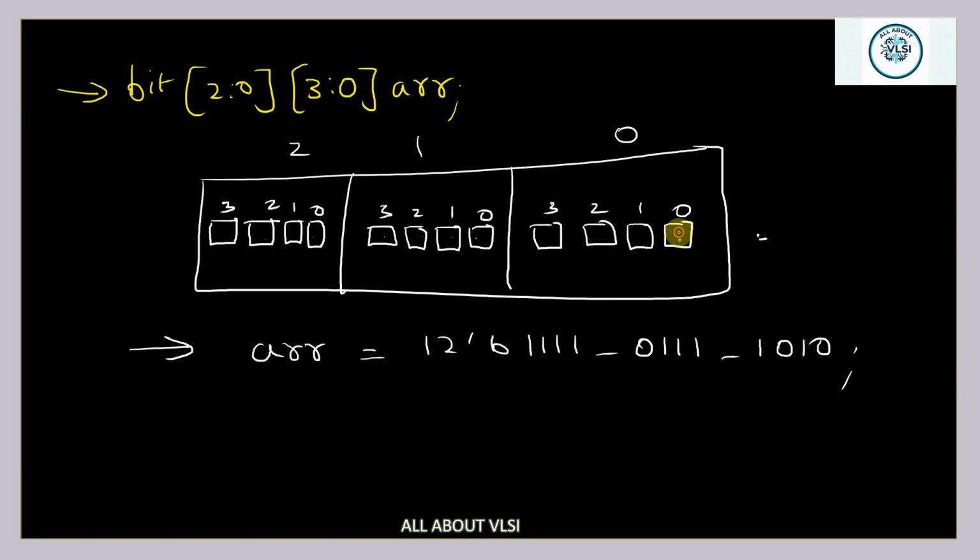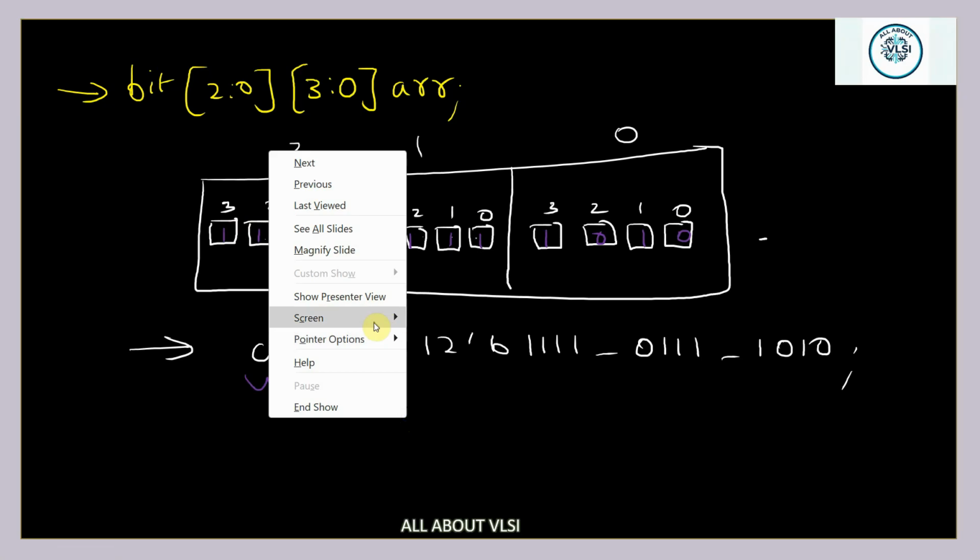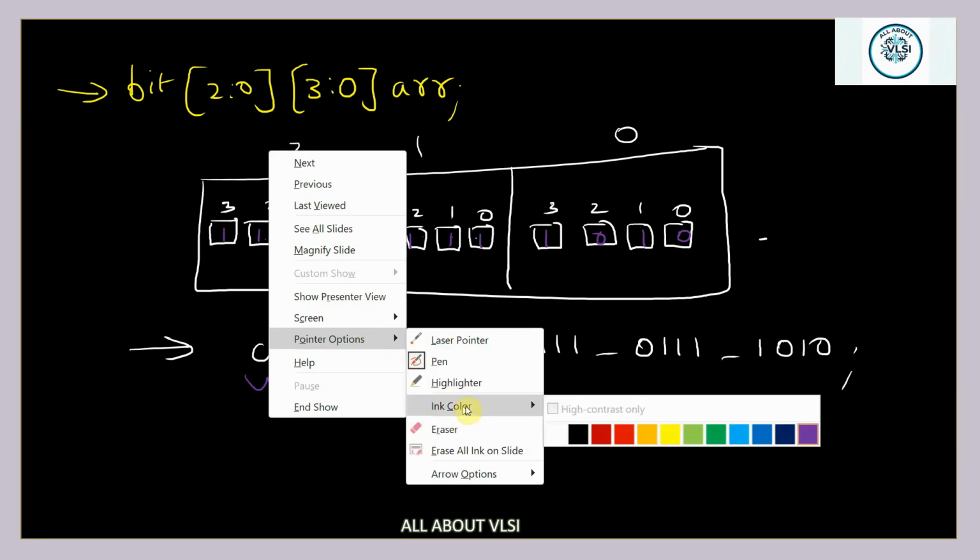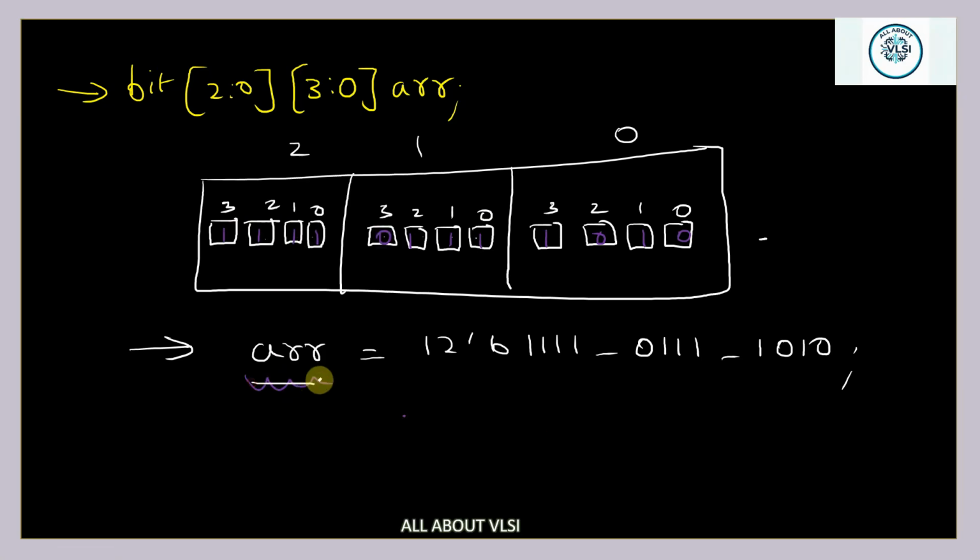So 0 will be filled over here, then 0, 1, 0, 1, 1, 1, 1, 0, and all four ones will be filled over here. This is how you assign a value to this 2D packed array. You can directly assign a 12-bit value to it.